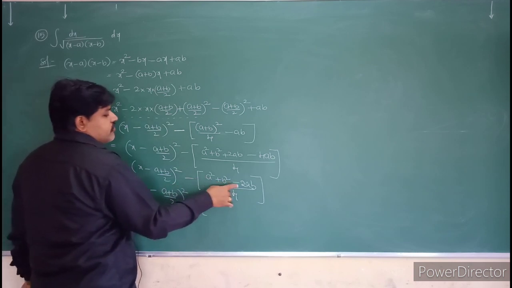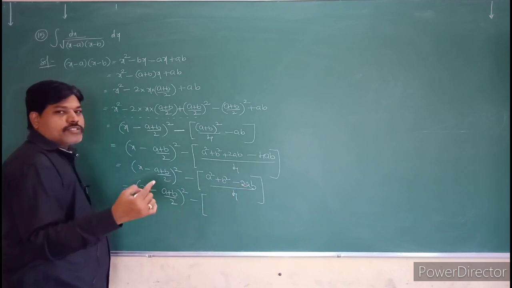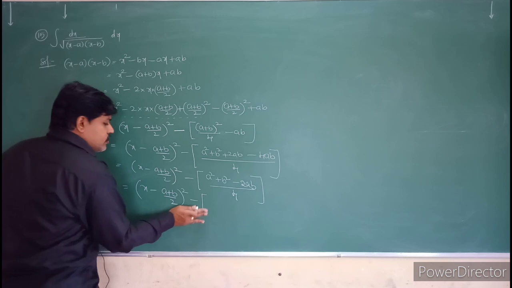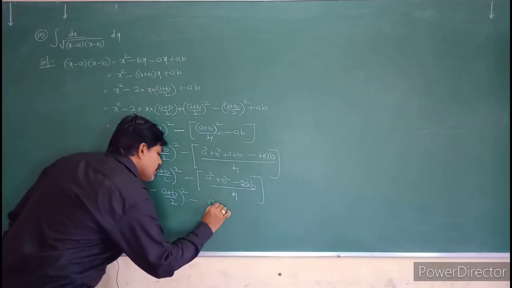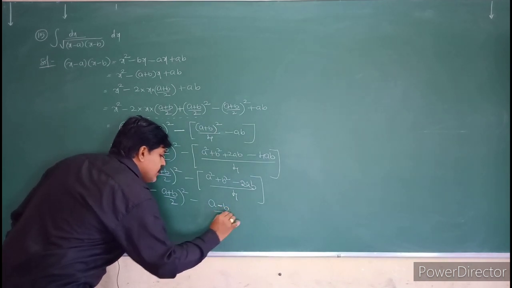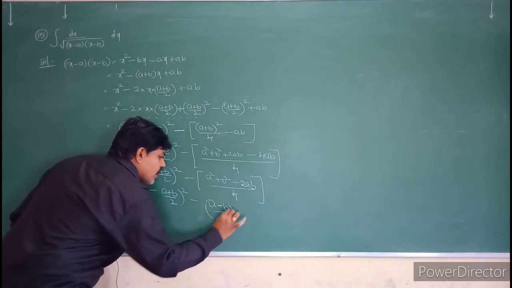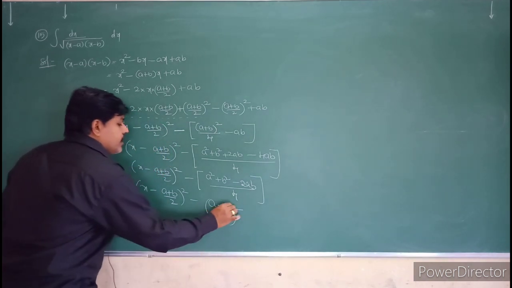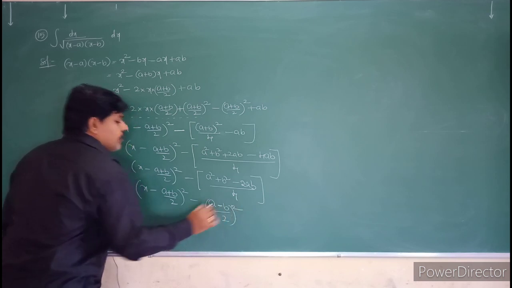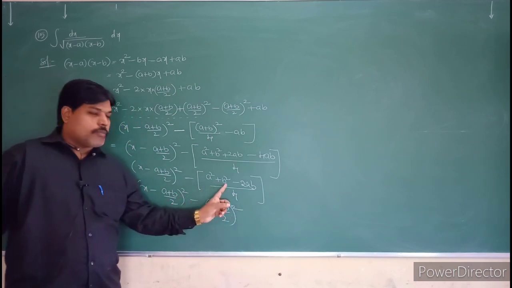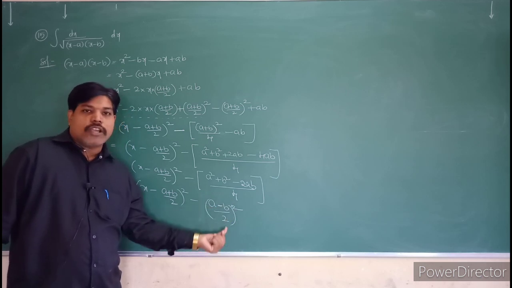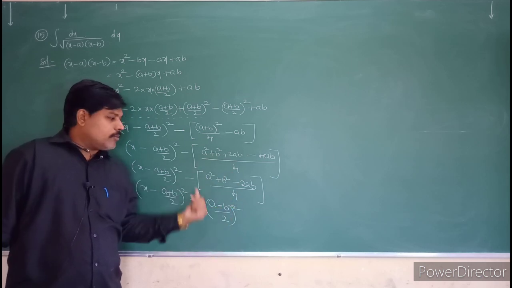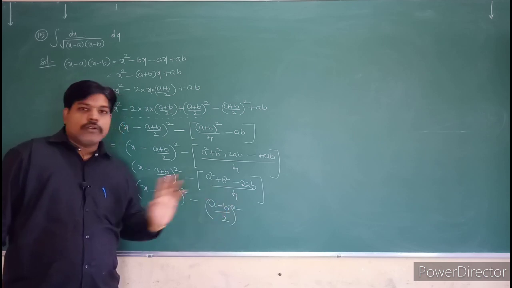A square plus b square minus 2ab means (a minus b) whole square. Yes or no? So this total term you can write as (a minus b by 2) whole square, because a square plus b square minus 2ab is (a minus b) whole square by 4, and 4 can be written as 2 square.